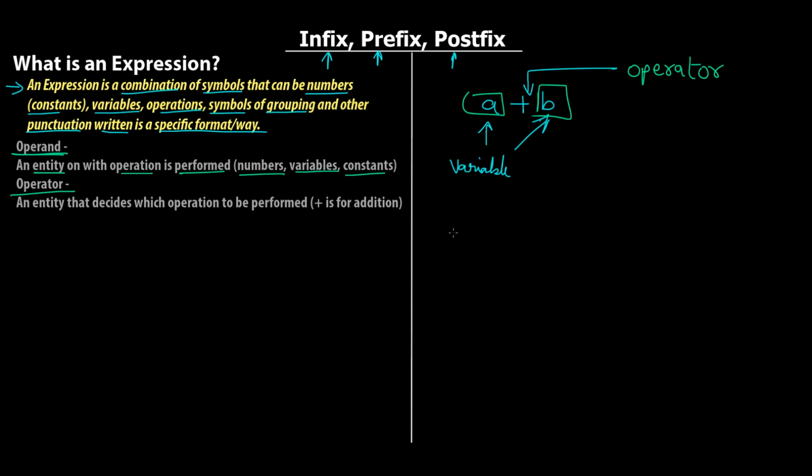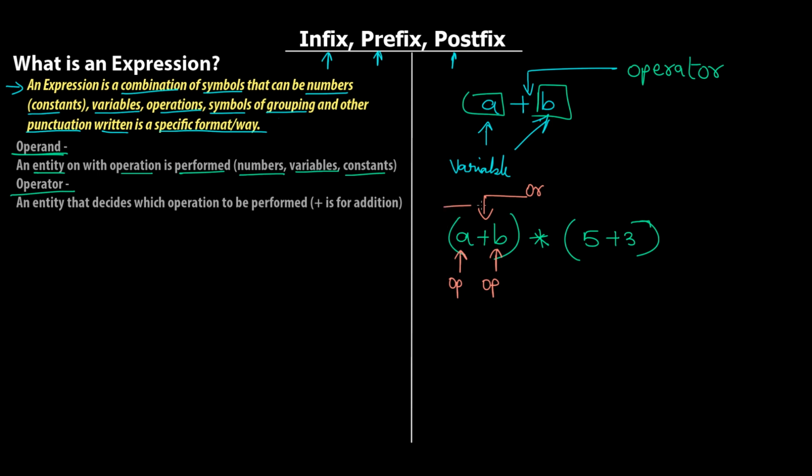For example, let me write another expression. We can have a plus b, then we have star, which is multiplication, and then we have, let's say, 5 plus 3. Okay. Now if you observe this expression, we have two operands over here. Let me write op and op for operand, and then we have one operator in between, right?